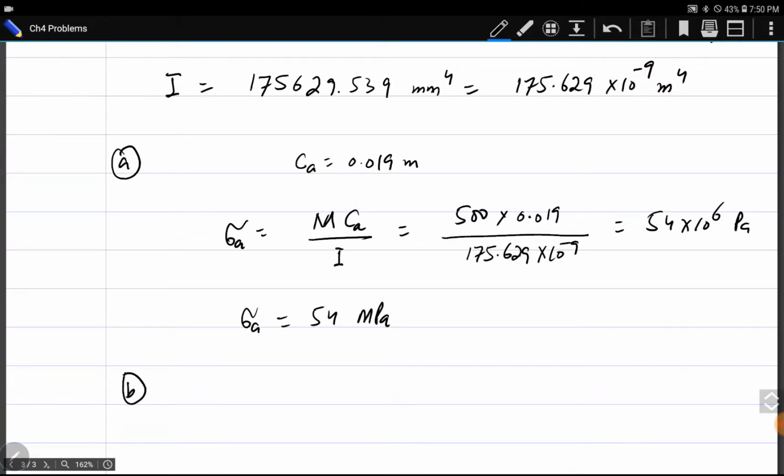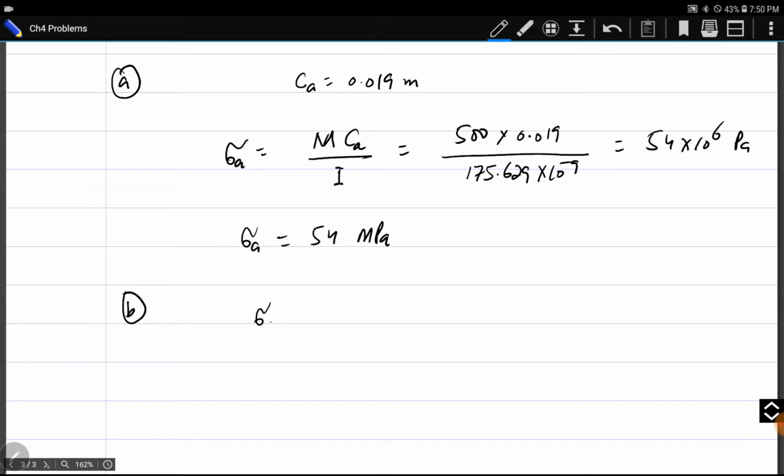In part B, we have to find sigma for steel, but now we have to multiply it with N because we replaced steel with aluminum initially. So the value of stress must be multiplied with the value of N for steel. N times M C for steel over I. N in this problem is 2.86. M is 500 Newton meter.